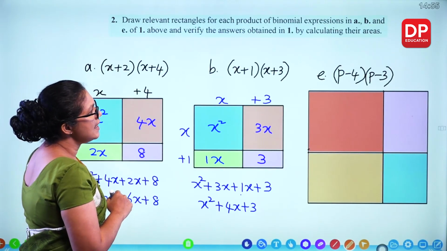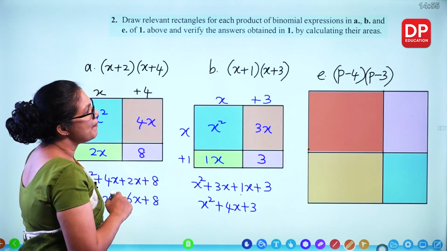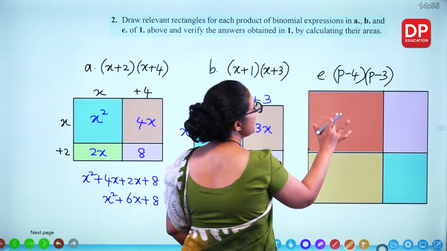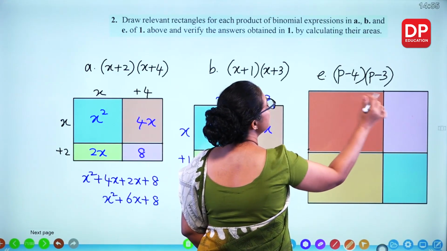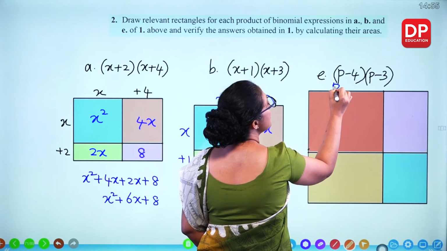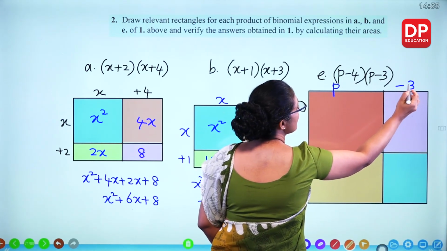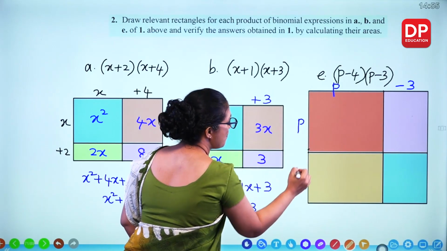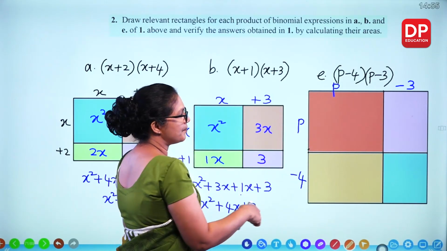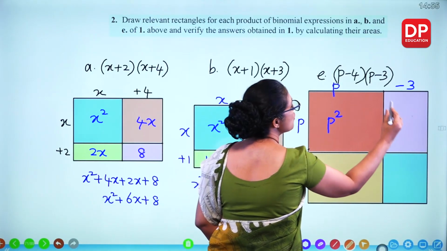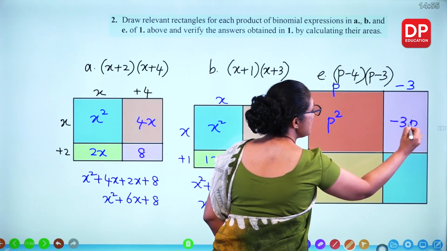Now part E, p minus 4 and p minus 3. So we'll take, if this is p, so we'll take 3 here. So p minus 3 and p minus 4 this way. So p into p, p squared. P into minus 3, minus 3p.